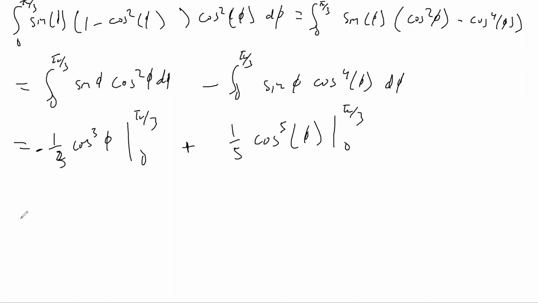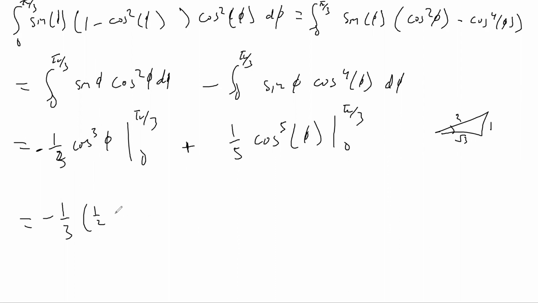Okay, so let's actually compute this out. One third of, so cosine 0 is going to be 1, and cosine pi over 3 is going to be 1 over 2.